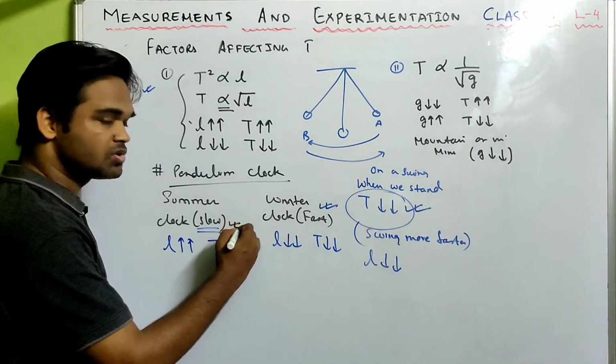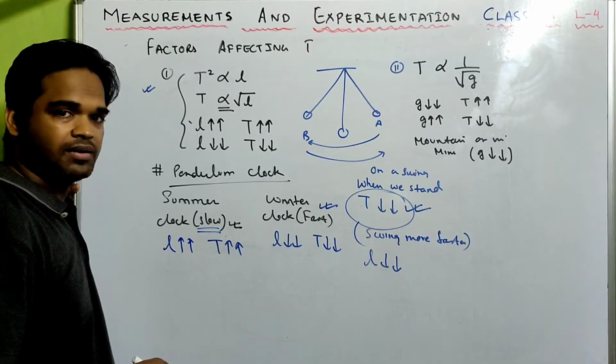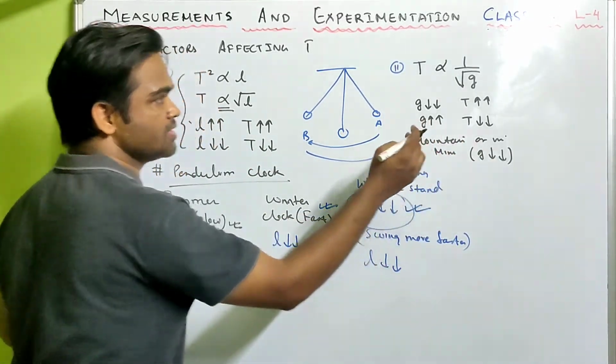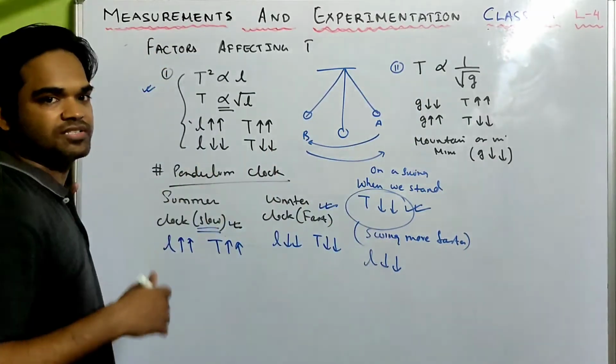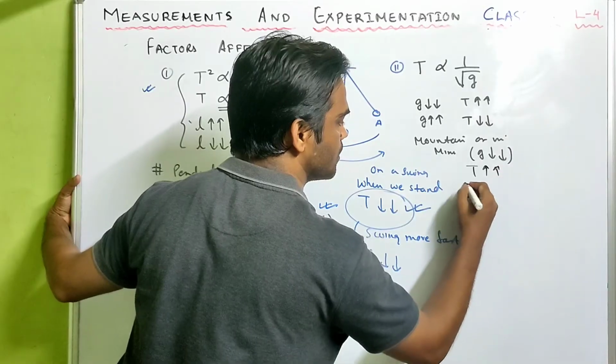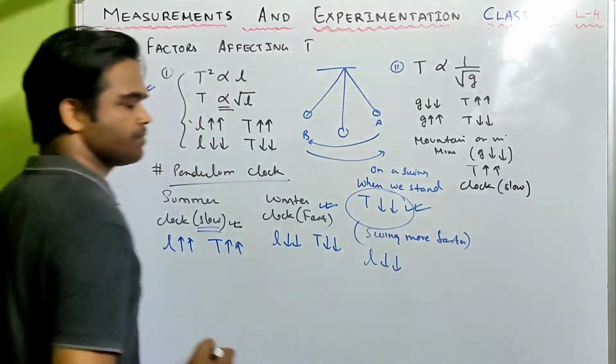So the clock goes slow. Simple. Am I clear? The clock goes slow because the value of g decreases and the time period increases. Clear? So the clock goes slow.